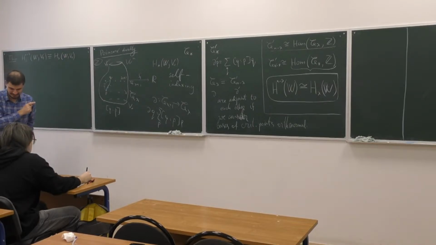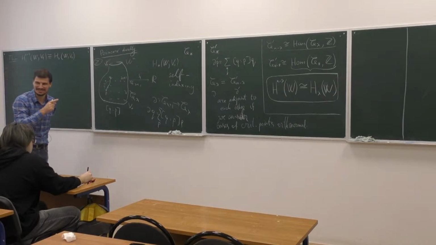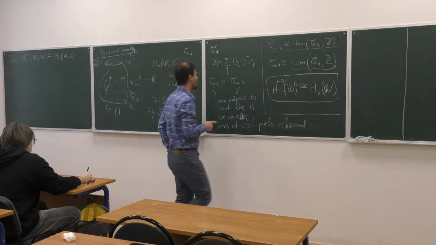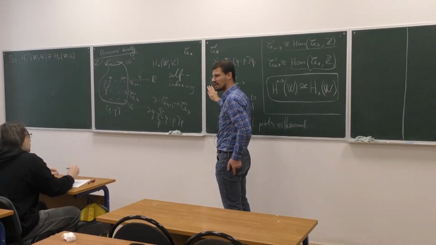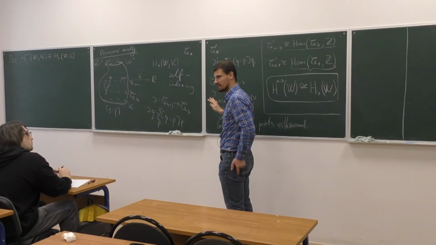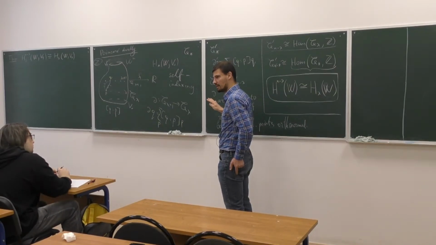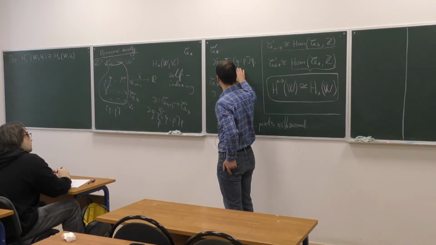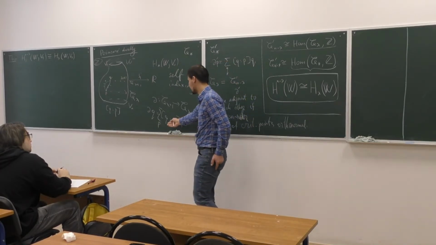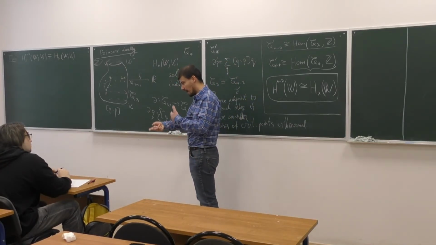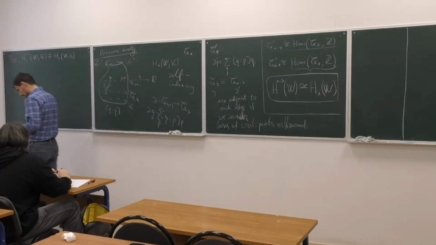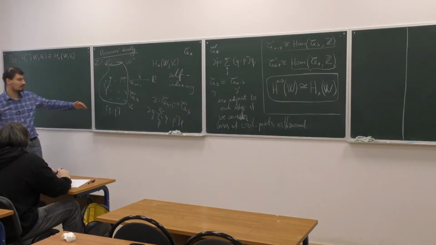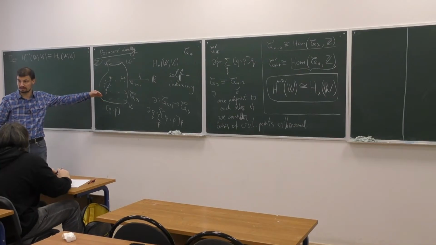Sorry, this comment was supposed to be the second comment, and the first comment is as follows. In all this, I was not careful enough about signs. Namely, these incidence coefficients, these signs, were defined using some orientations of left-hand disks.